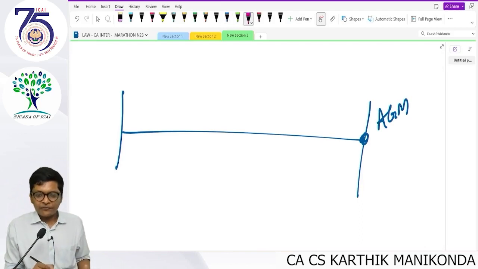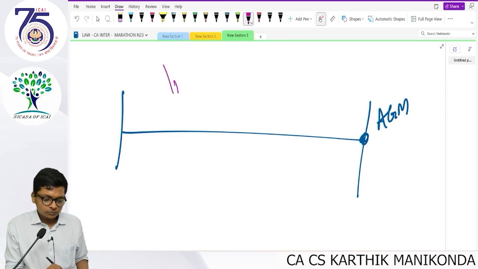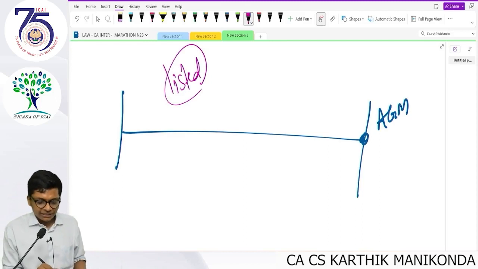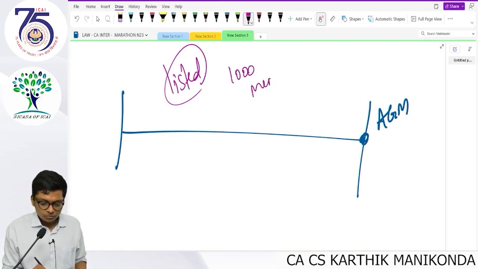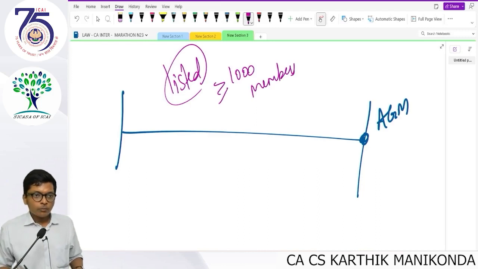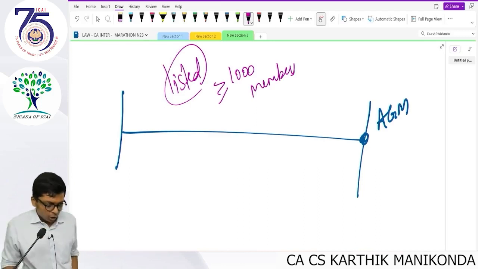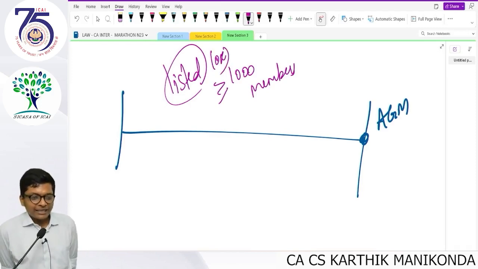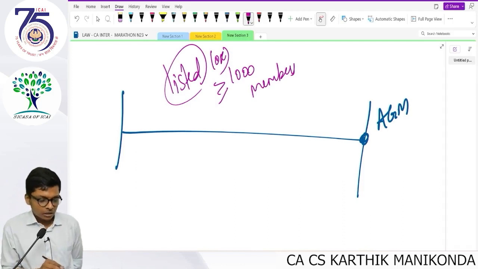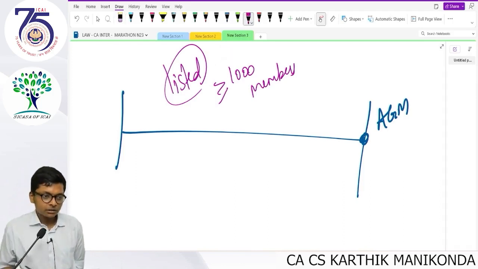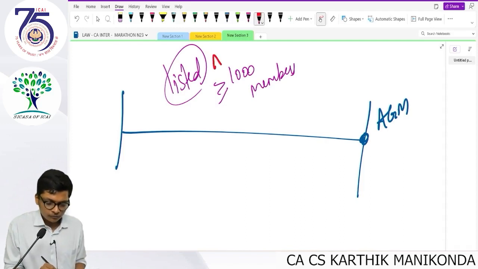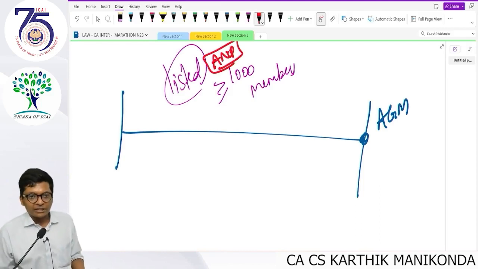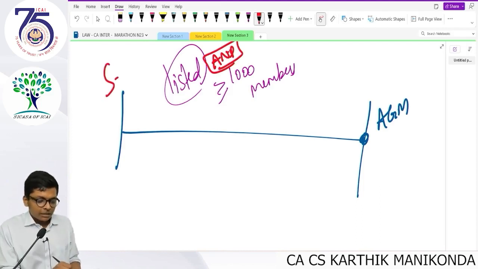Electronic vote is mandatory for a company which is a listed company and has more than 1000 members. Listed company and number of members more than 1000, they have to vote by e-vote.